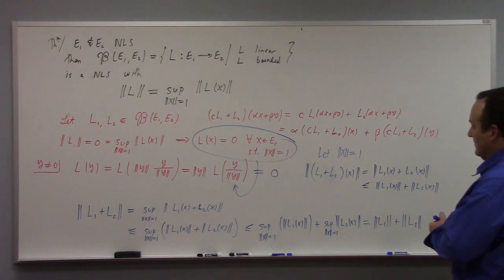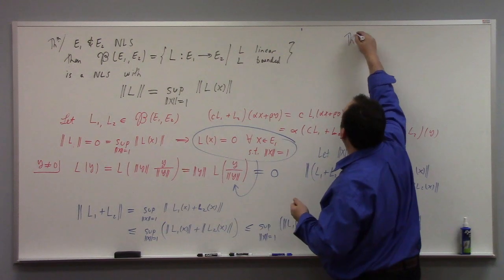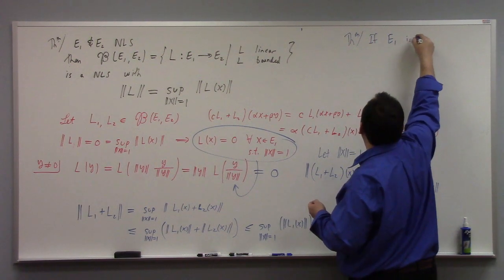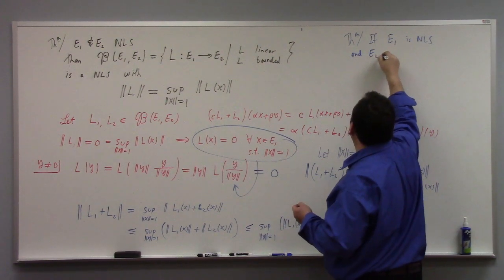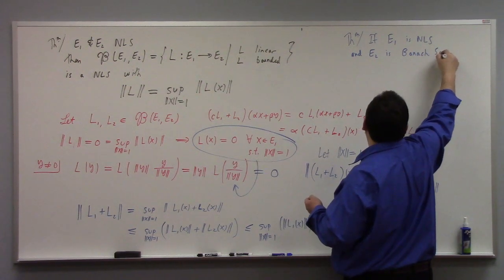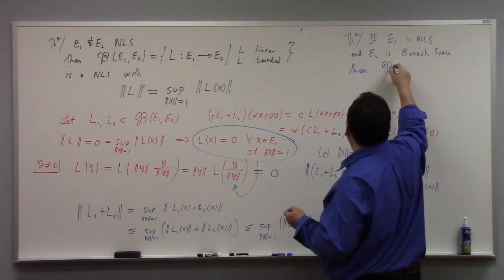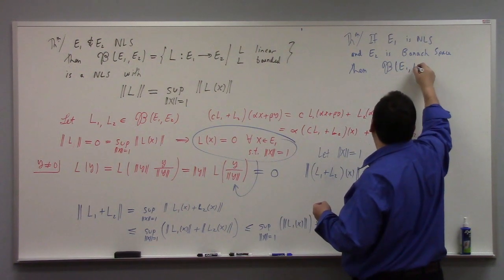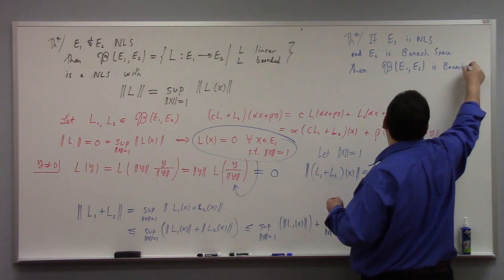So the next theorem: if E1 is a normed linear space and E2 is a Banach space, then the bounded linear functions from E1 to E2 form a Banach space.